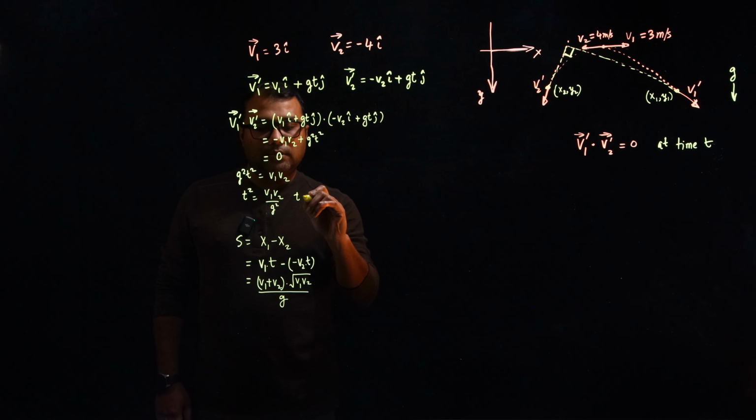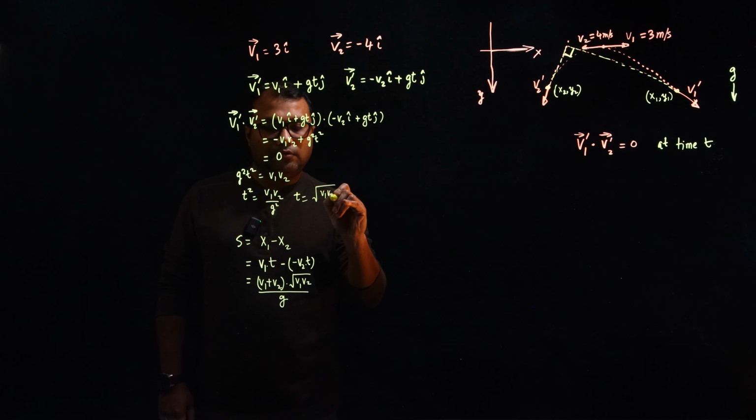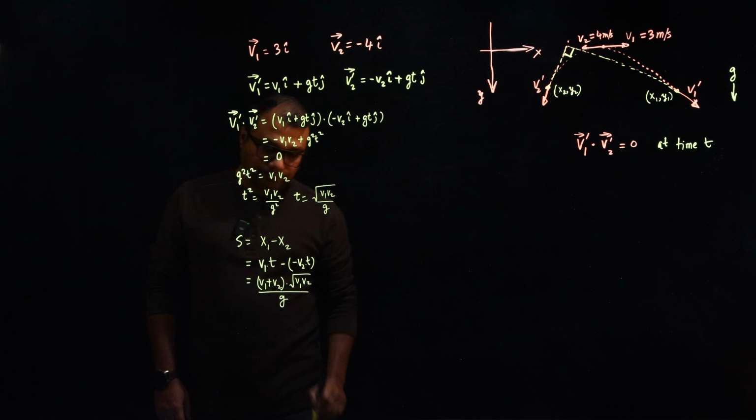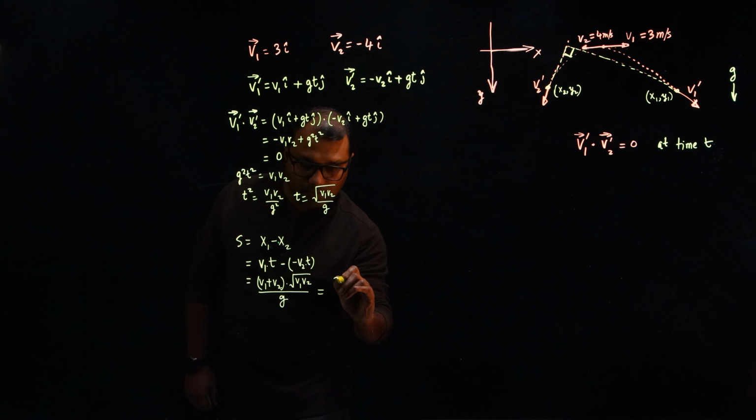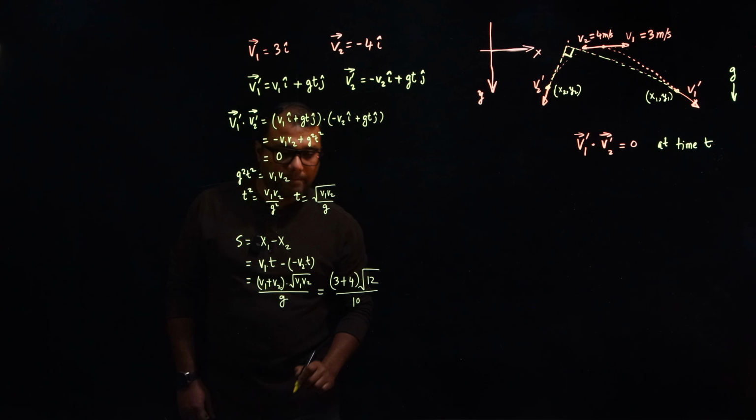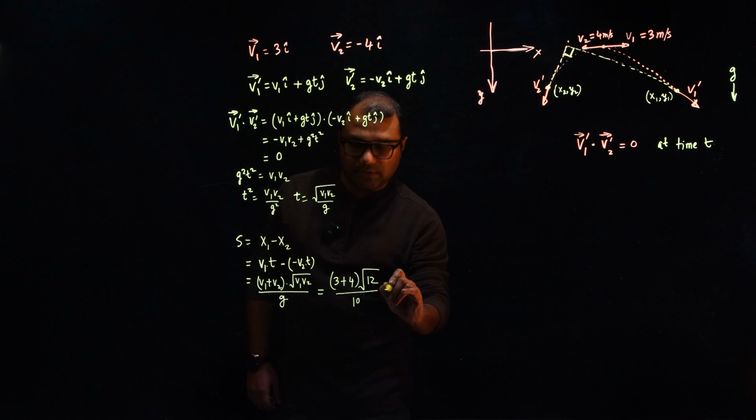We could have simplified this: t is the square root of v1 times v2 by g. Now let us substitute the values. So v1 is 3 plus 4, root 12 divided by, let's just use 10.